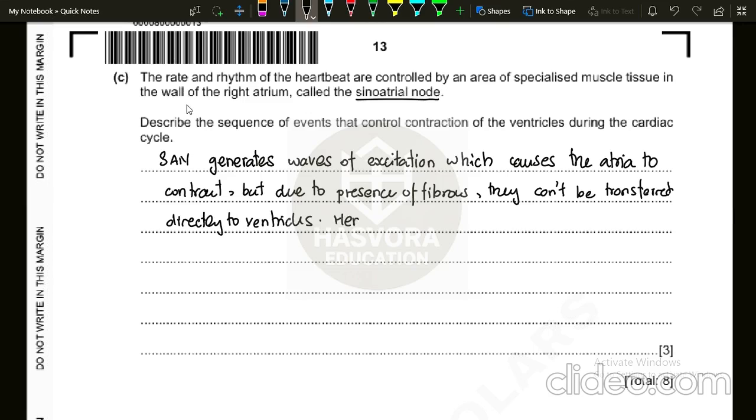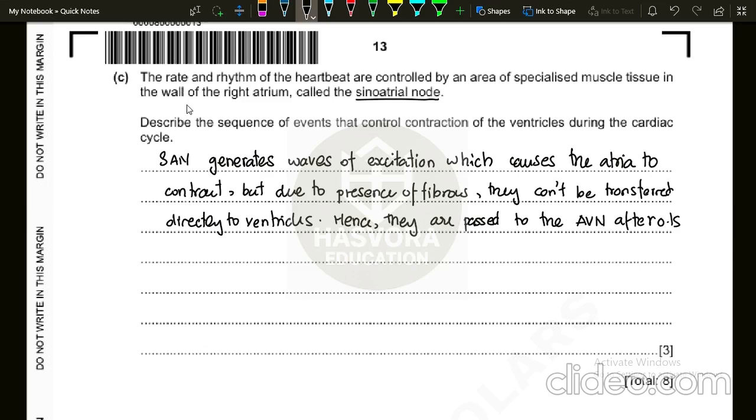Hence, they are passed to the AVN, the atrioventricular node, after 0.1 second, because this ensures the AVN delay. So there is a delay between the contraction of the atria and the ventricles.